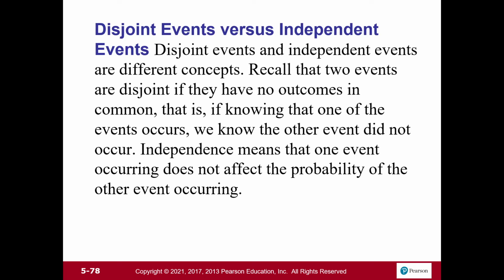Here it says disjoint events versus independent events. Disjoint events and independent events are different concepts. Recall that two events are disjoint if they have no outcomes in common. That is, if knowing that one of the events occurs, we know the other event did not occur. Independence means that one event occurring does not affect the probability of the other event occurring.